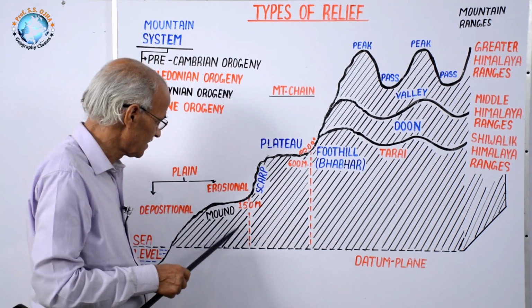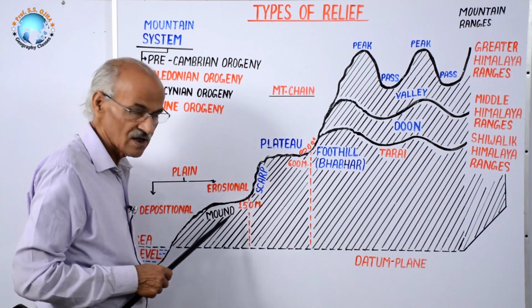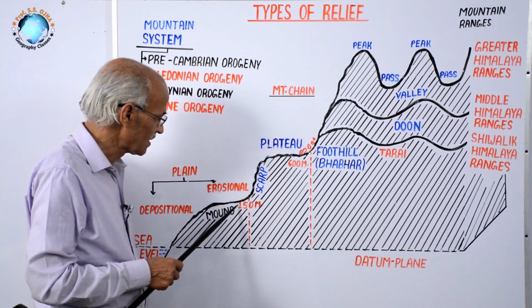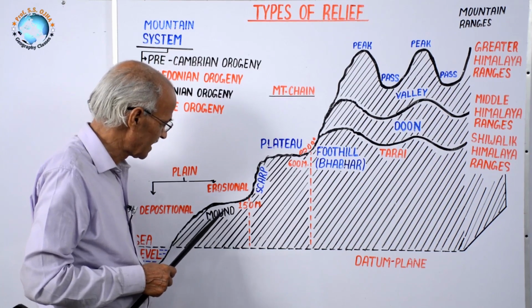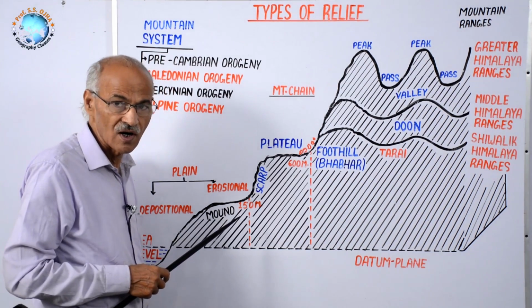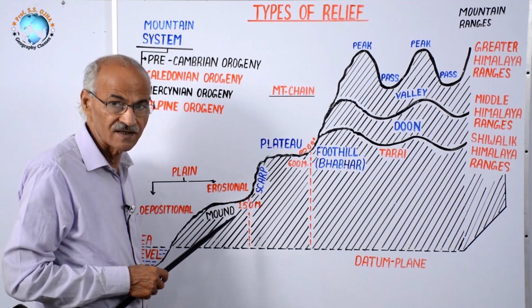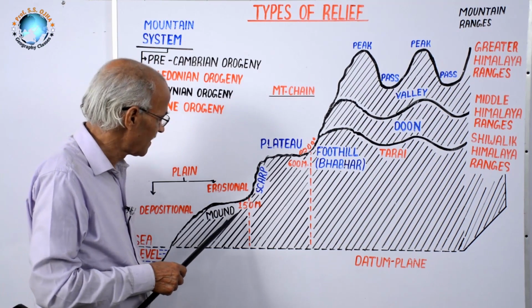The structure or geology of plain will consist of alluvial depositions. That alluvium may be older and newer. In older alluvium, you may get mounds of kankar pan. You might have seen them in villages in Uttar Pradesh.